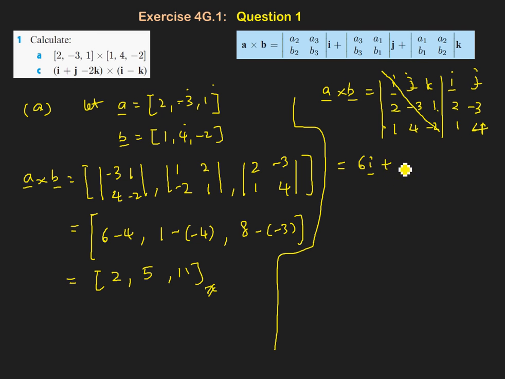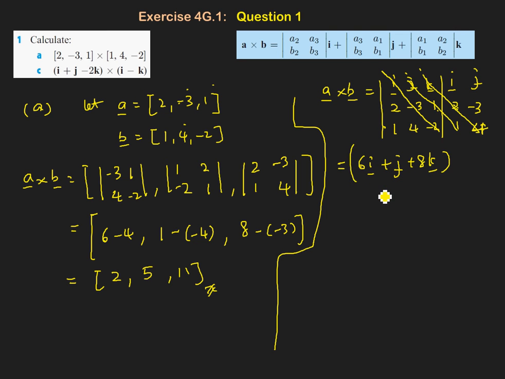Then the next one, ending this first run of the product, I use k times 2 times 4. That is 8, so plus 8k. Let's put brackets to safeguard my calculation.